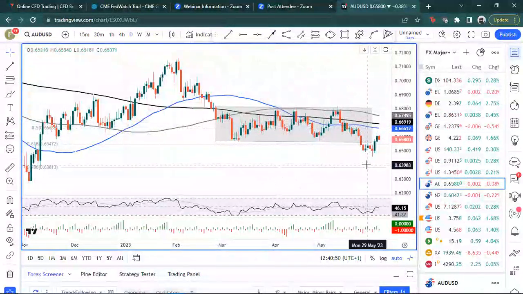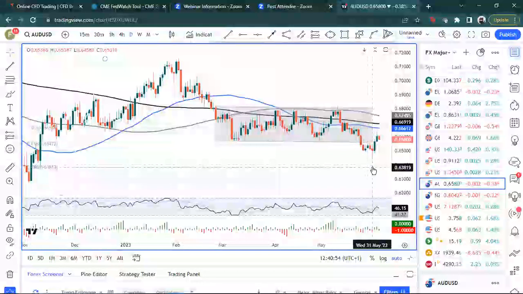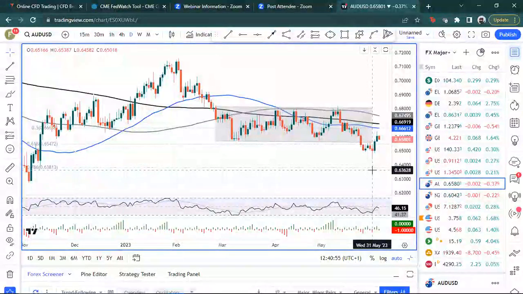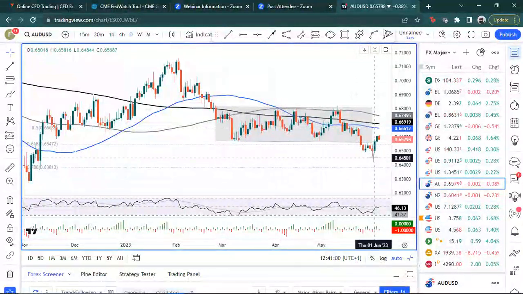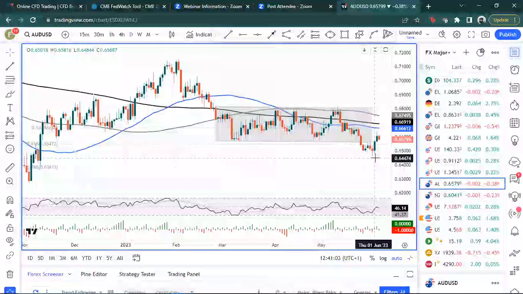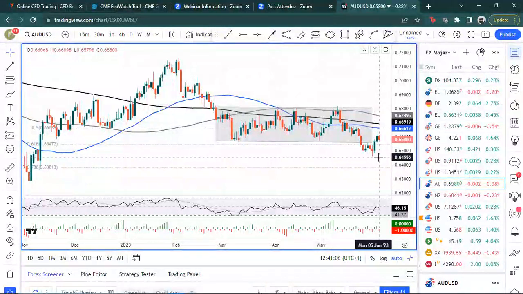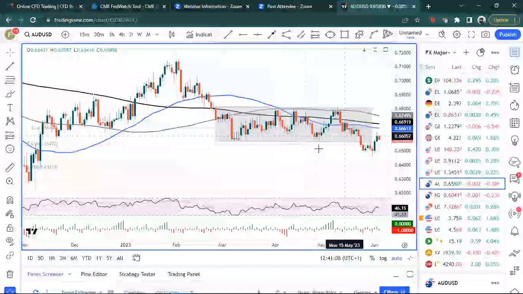It broke down below that at the end of May and dropped to below 65, so 64.58. Couldn't really sustain that and pushed up at the end of last week in Aussie dollar, and we pushed back into that range.